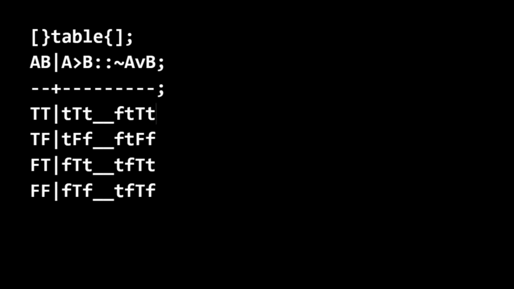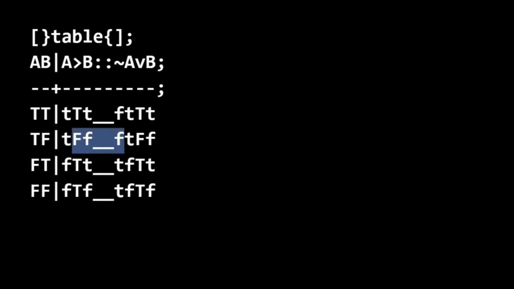In simple terms, we just want to see if the truth values match for every interpretation. And they do in this first interpretation.